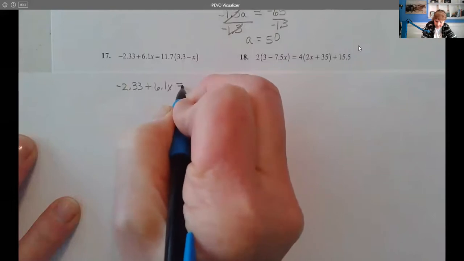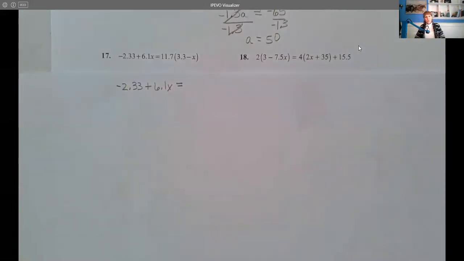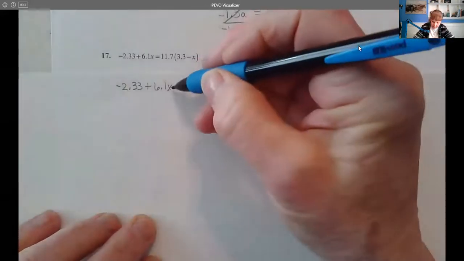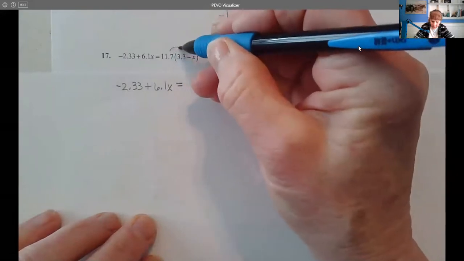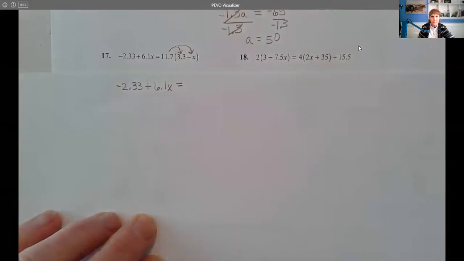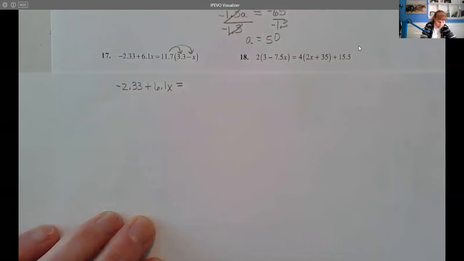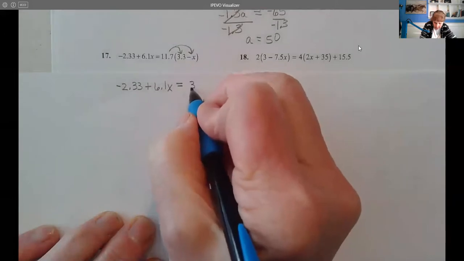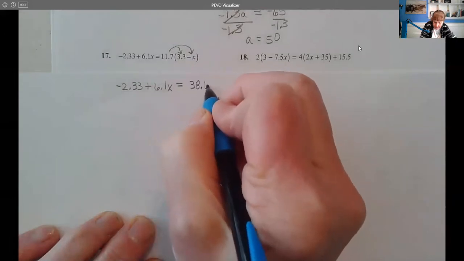6.1x. Okay. Now over here on the right-hand side, I'm going to use the distributive property, just like that. So let's see, 11.7 times 3.3 is 38.61.